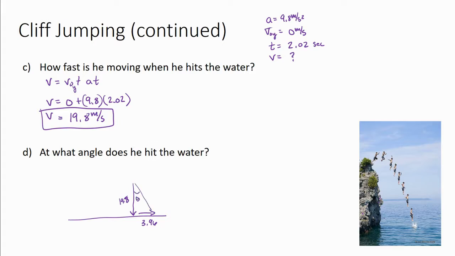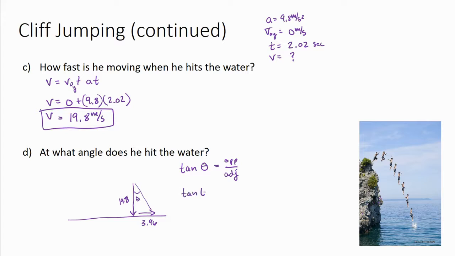Well, for that one, I have my two sides. I have the opposite and I have the adjacent. So that's actually going to be tangent, and we haven't used that one yet. Tangent of theta is equal to opposite over adjacent. We don't know the angle, that's what we're looking for.